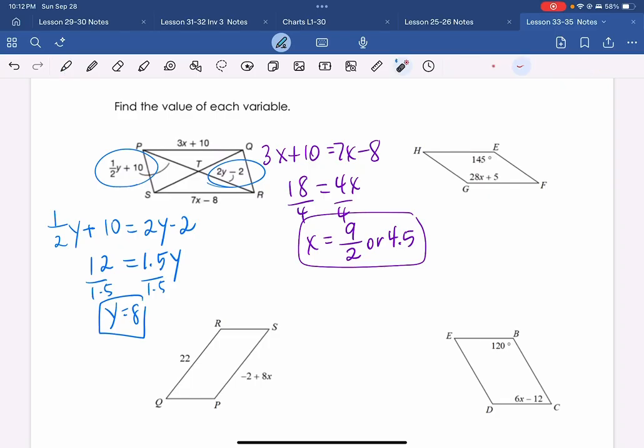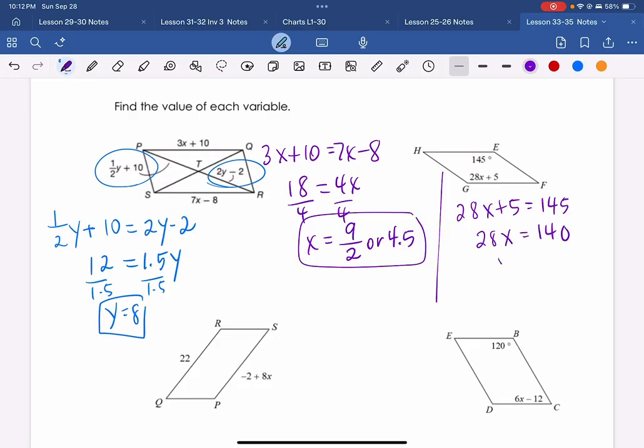All right, now moving on over here, we know that opposite angles are congruent. So we're going to say that 28x + 5 = 145. If we subtract 5, we get 140.